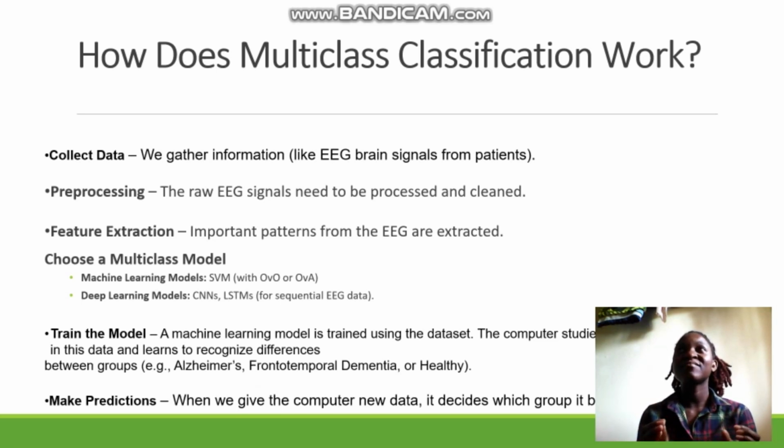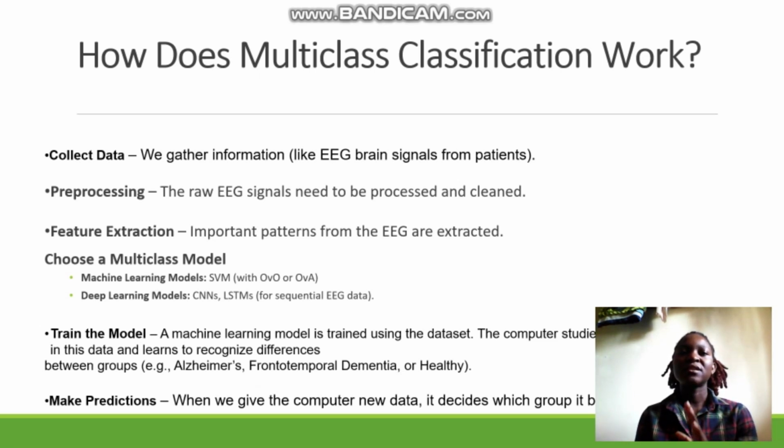If they are too similar, then you have to apply a deep learning model here. So after you have chosen your multi-class model, you want to train your model using the data set you have.